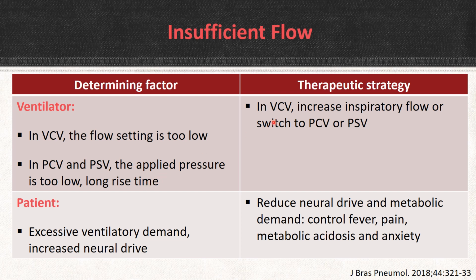So, in volume control ventilation, increasing flow or switching to pressure control or pressure support can help. In case of patient factors, excessive ventilatory demand or increased neural drive may cause this problem. In that case, reducing neural drive and metabolic demand by control of fever, pain, metabolic acidosis and anxiety can help.